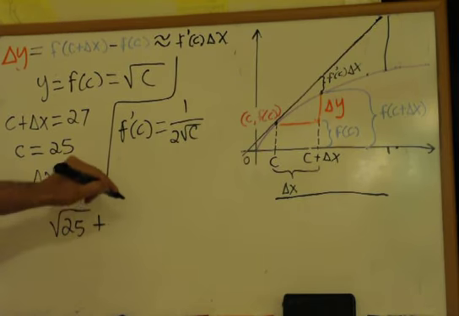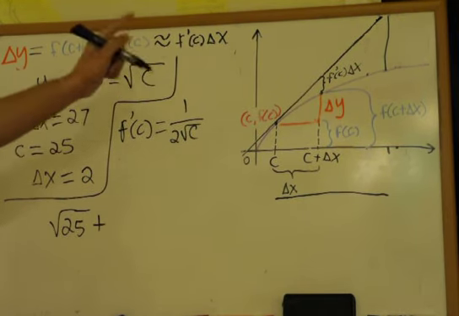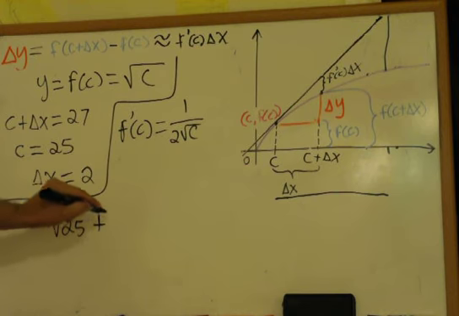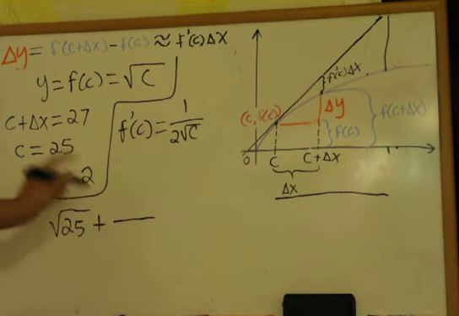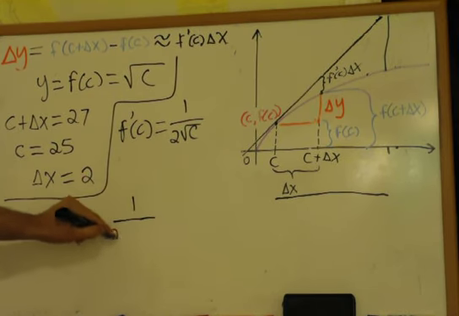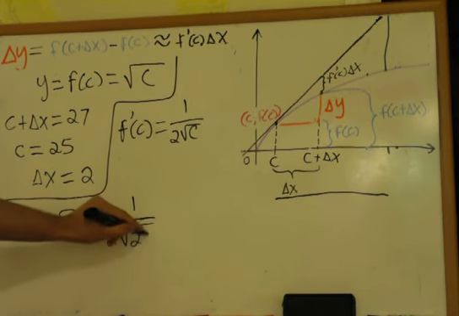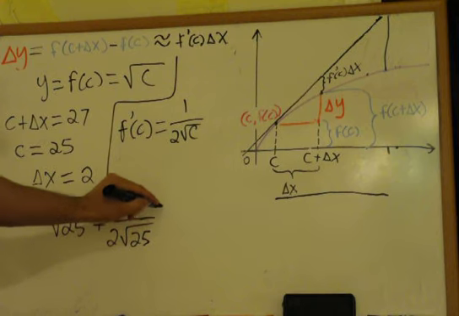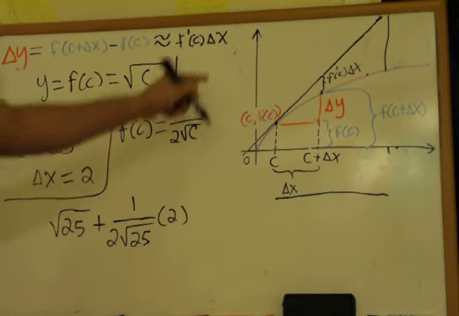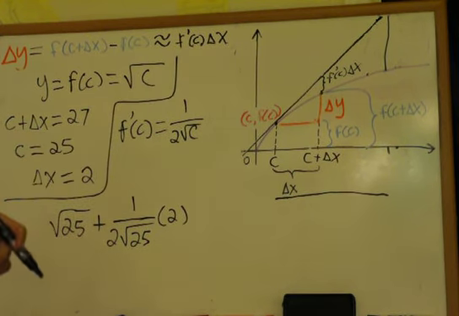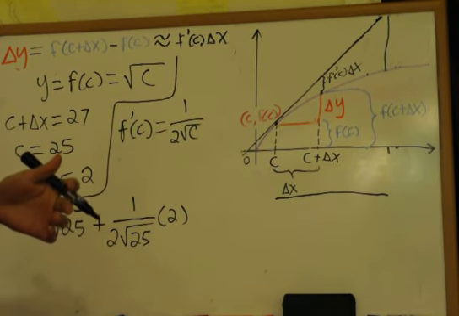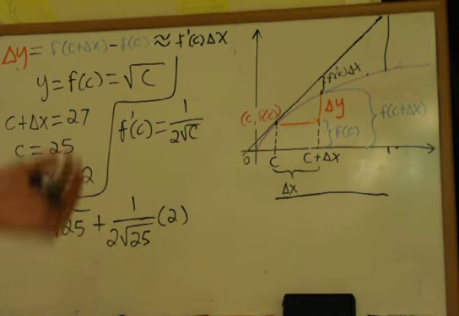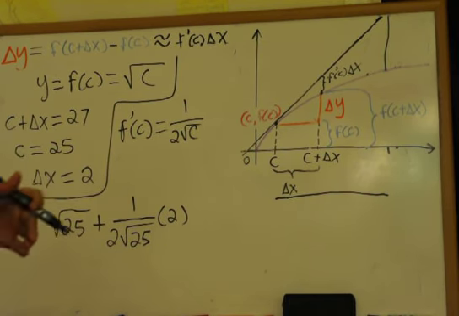And then remember it's plus f prime of c times delta x. So plus this part here with c plugged in there, which is 25. So 1 divided by 2 times the square root of 25 multiplied by dx, or delta x. Sorry, well, dx, delta x, you can say either one. They're both just a very small change in x.